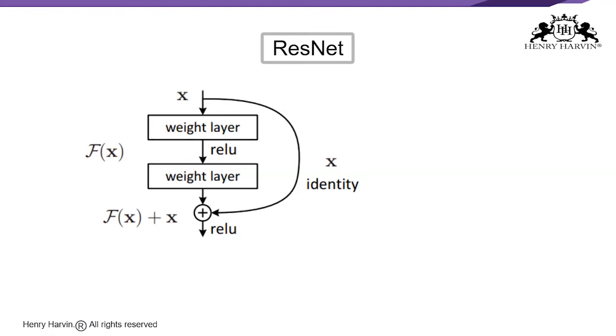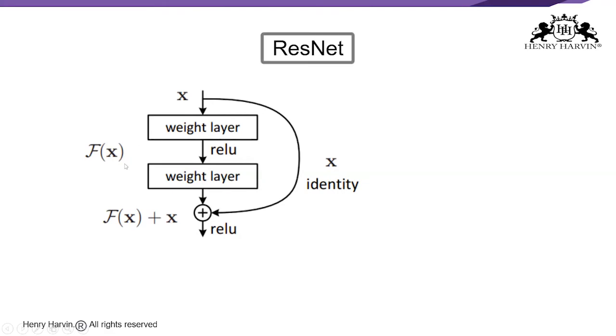We have a 64 dimension input, say 64 feature maps. We then do a 3 cross 3 convolution, and the size does not change. Then we can do another 64 cross 64 3 cross 3 convolution, and the output of this is the addition of the output that you get from here plus this X.